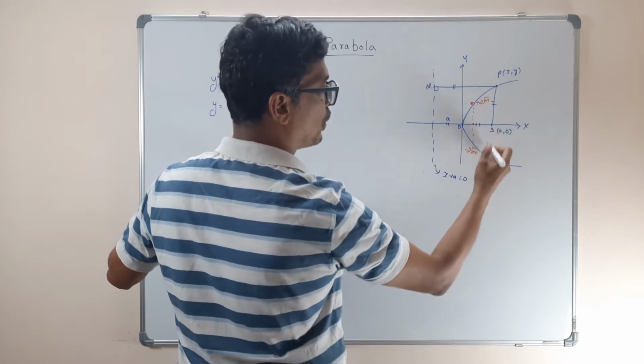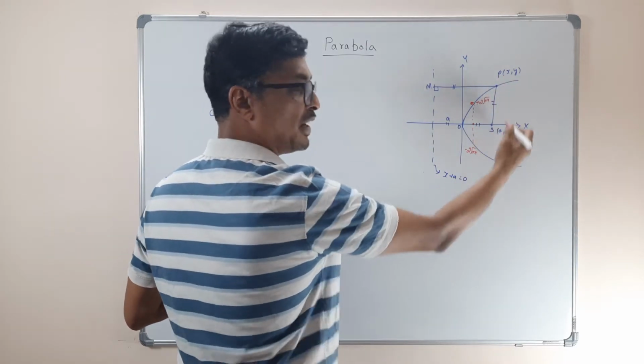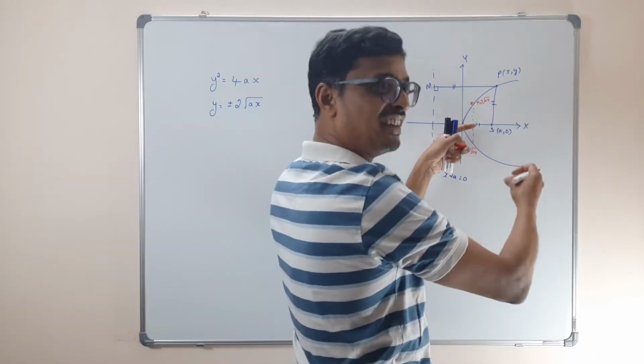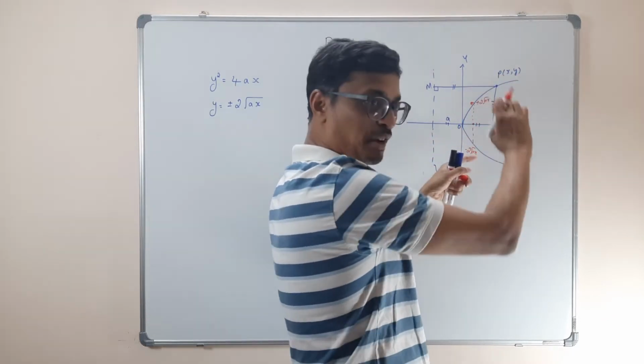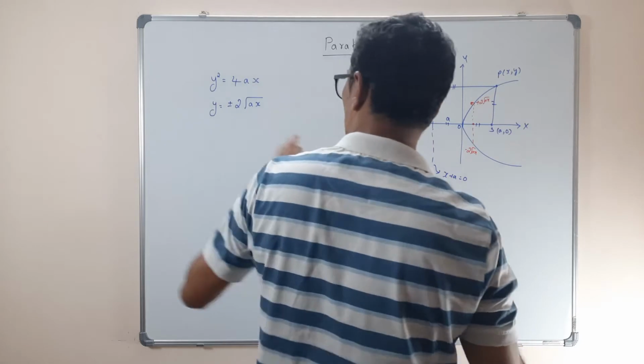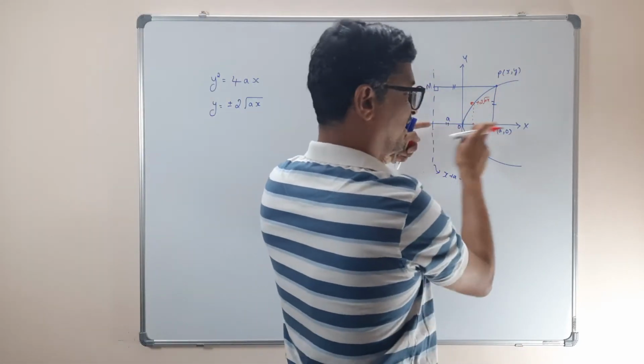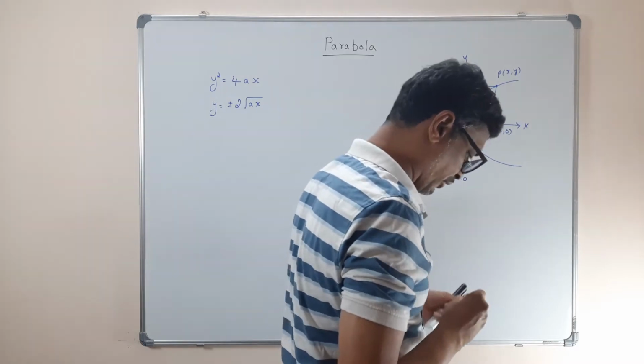Similarly for all the points you have the same thing. Am I right? So it means it's symmetric, every point exactly symmetric. Therefore your parabola will be symmetric around the axis. That's what they have written in your book.